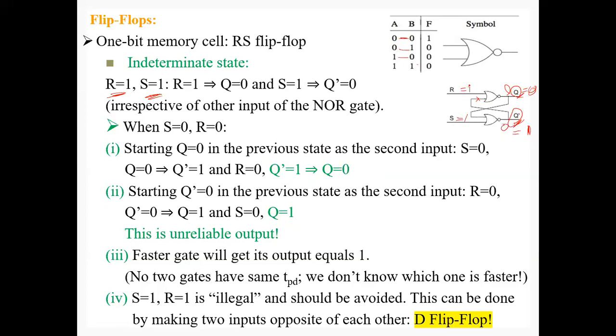That's why the choice of R equals 1, S equals 1 is illegal. And we shouldn't do the illegal things.